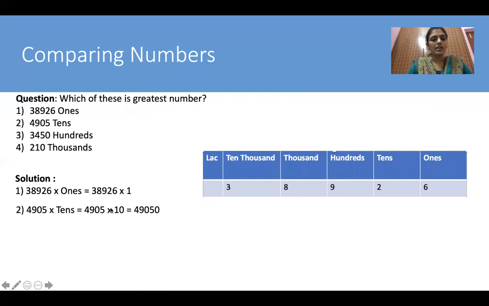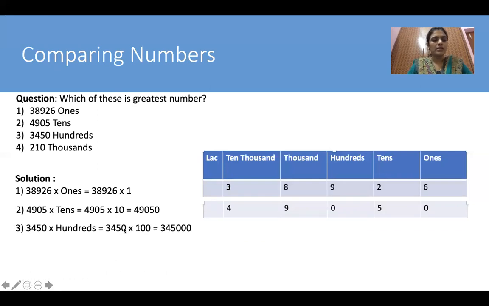Now next is 4,905 tens. We can write it as 4,905 into 10, which is equal to 49,050. We can write this number in a place value chart like this. Now next is 3,450 hundreds, which means 3,450 into 100, that is equal to 3,45,000.